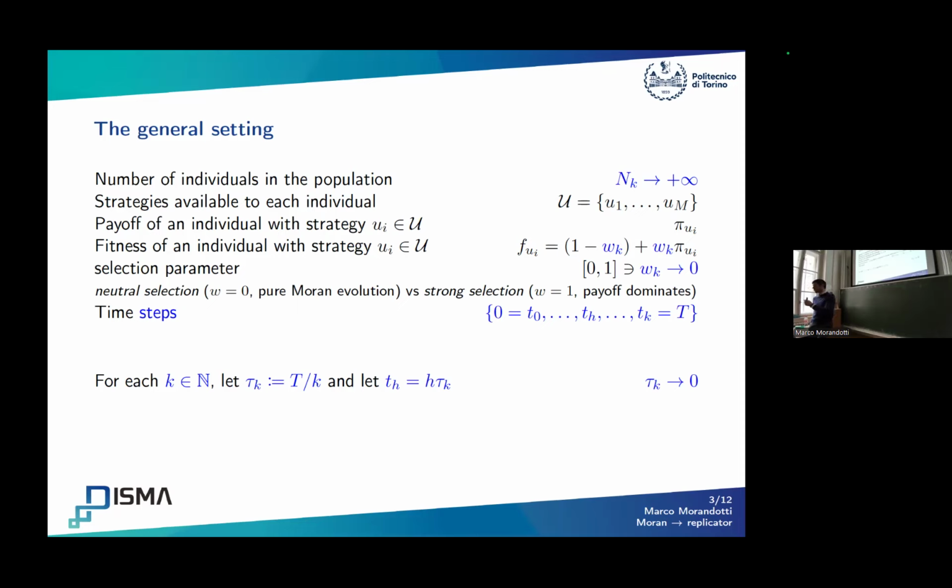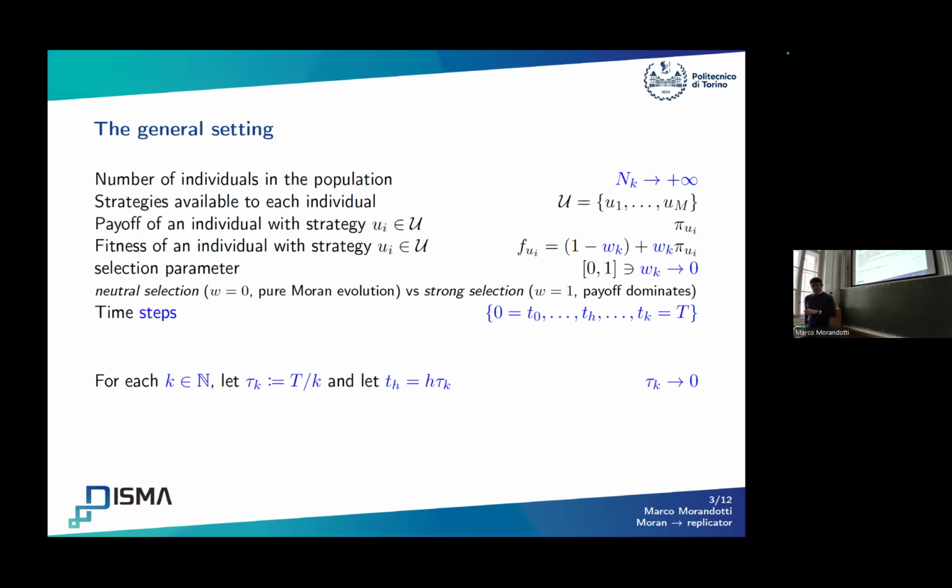The weak selection regime is when w is very small, so it's almost all Moran and very little the payoff. Then we want to perform a limit as tau k converges to 0, and accordingly the other parameters need to converge. Nk needs to diverge, and wk needs to converge to 0 as well.